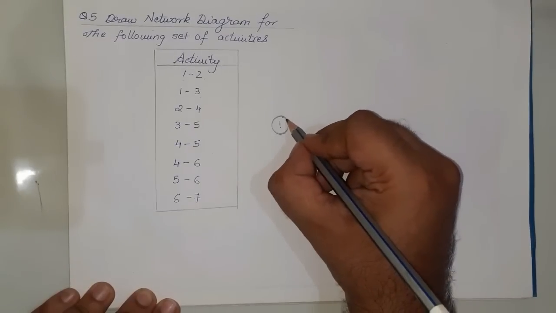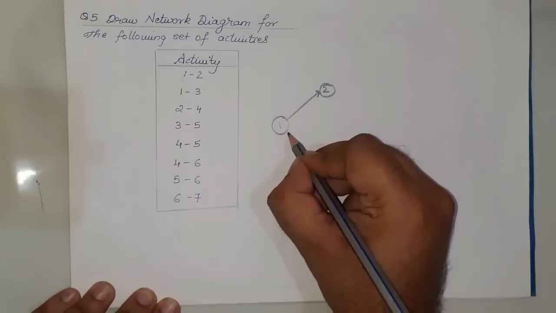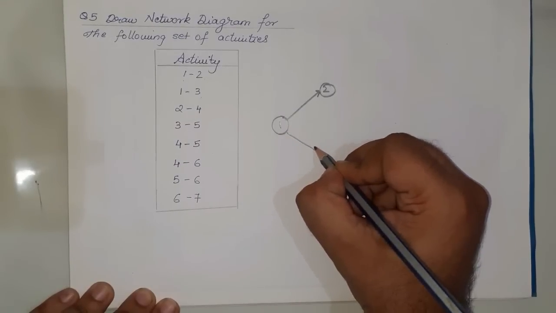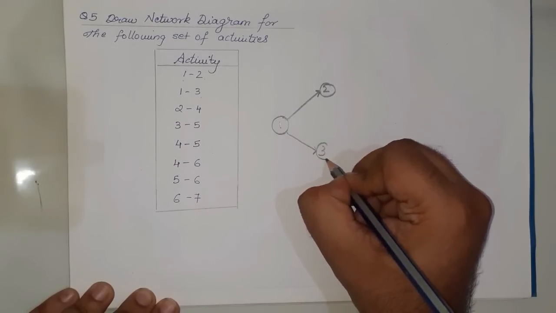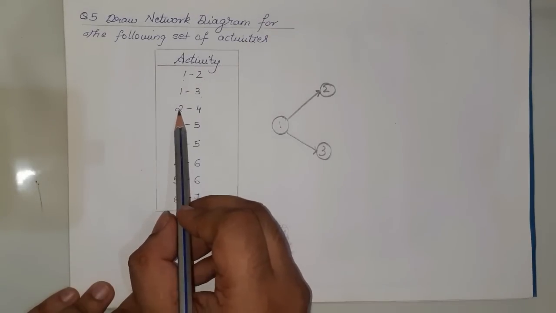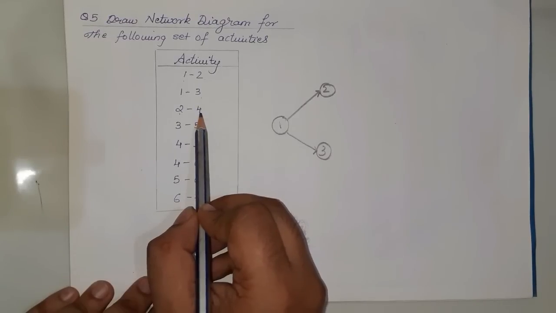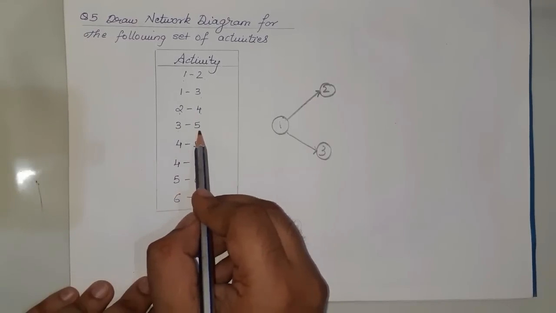Now from the first event, we have the second event released, and from the first one we even have the third event which is released. Okay, now from 2 we can see event 4 getting released, and from 3 event 5 is getting released.